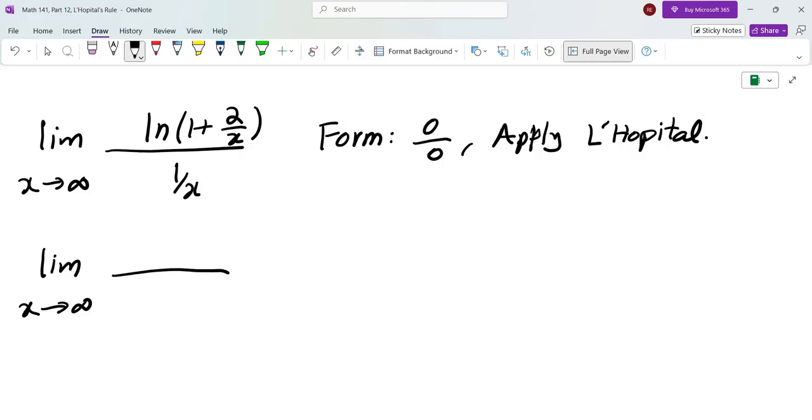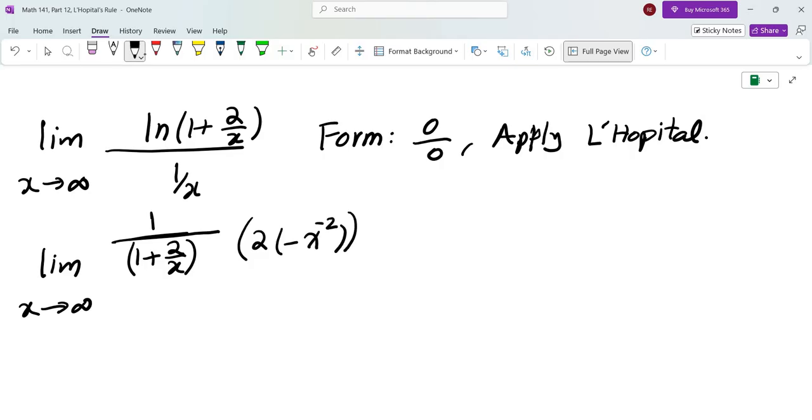We're going to take the derivative of the numerator, so it's 1 over 1 plus 2 over x times the derivative of the inside, which is 2 times negative x to the power of negative 2, and then divided by negative x to the power of negative 2. So the negative sign cancels, and this one also cancels.